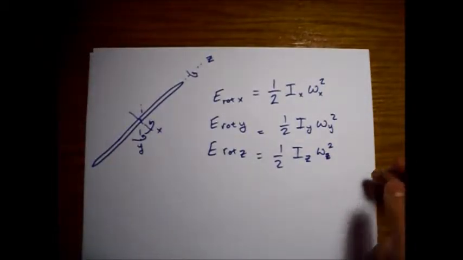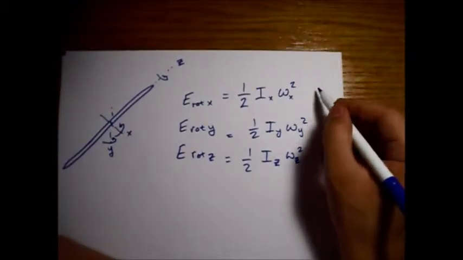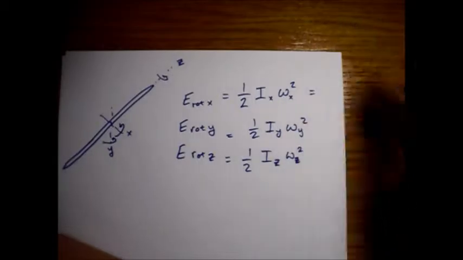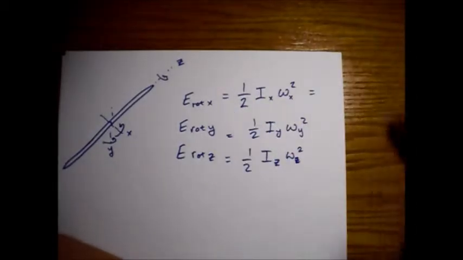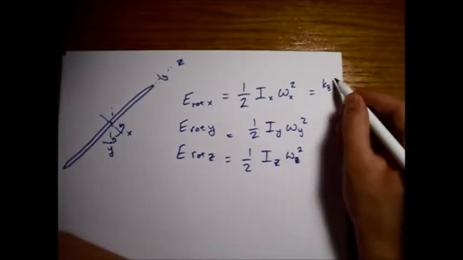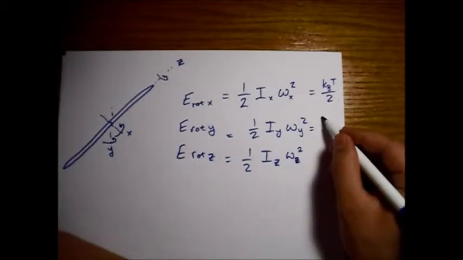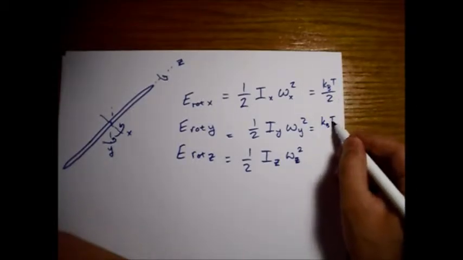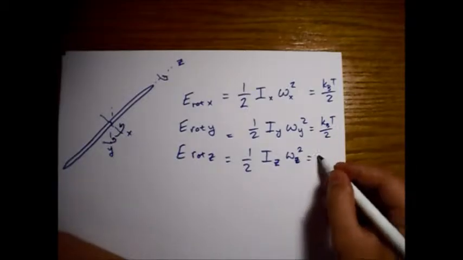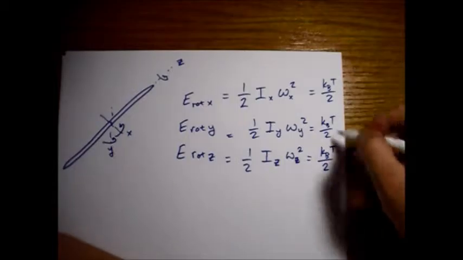All right, and because this is in thermal equilibrium, each of these has 1 degree of freedom, right? So we have an amount of energy of 1/2 kBT. It doesn't really matter how much they have.